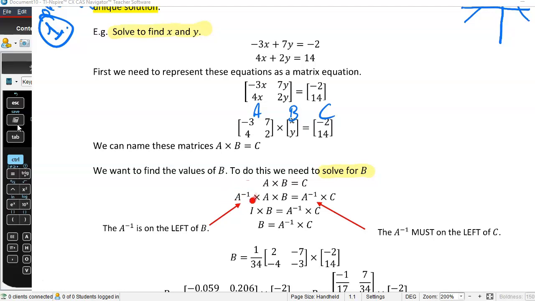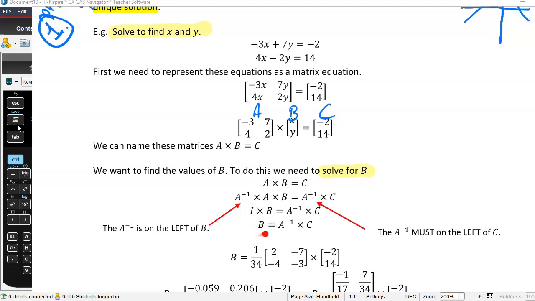So the inverse of A times A gives me the identity matrix I. That means I get left with the identity matrix times B equals the inverse of A times C. Now, remembering that the identity matrix I times any matrix, you're just left with that original matrix.